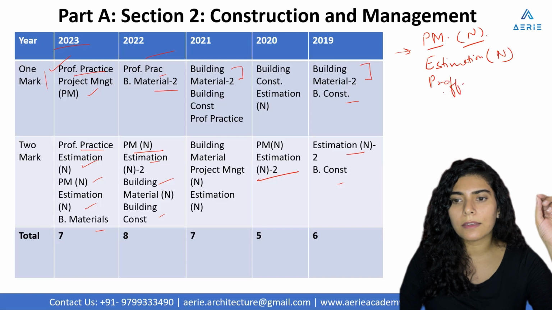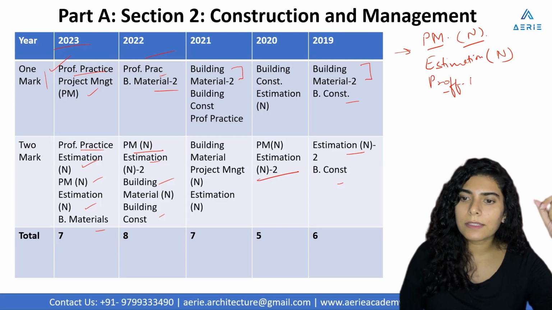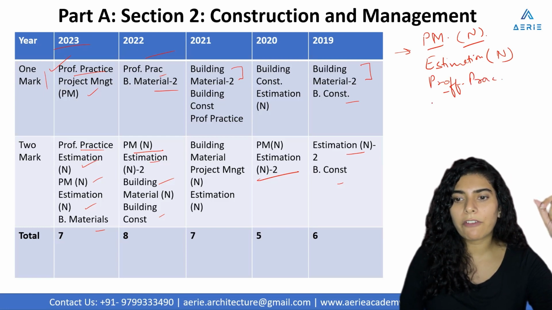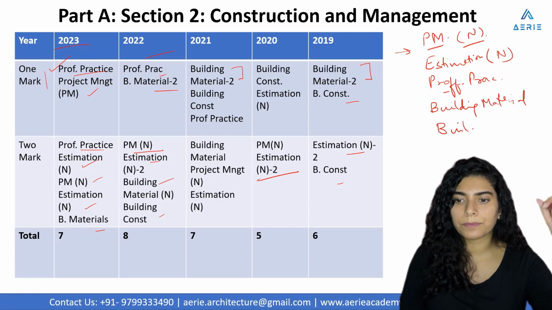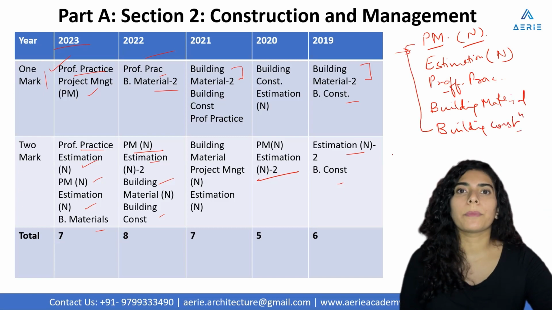Professional practice is again a hot topic for GATE, kind of their favorite topic nowadays. Then we have building material, again an important topic, and building construction. So these are the important topics.